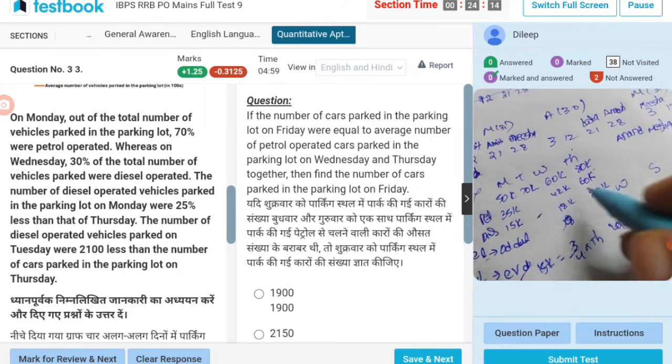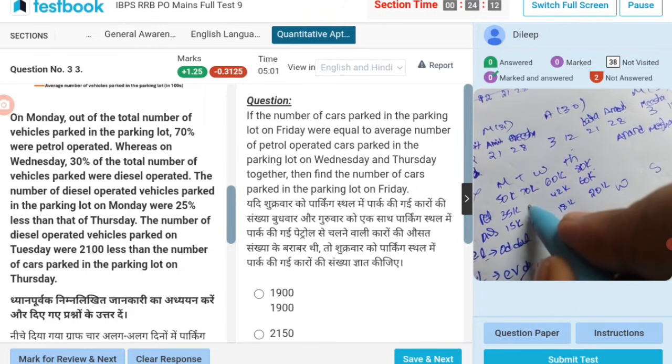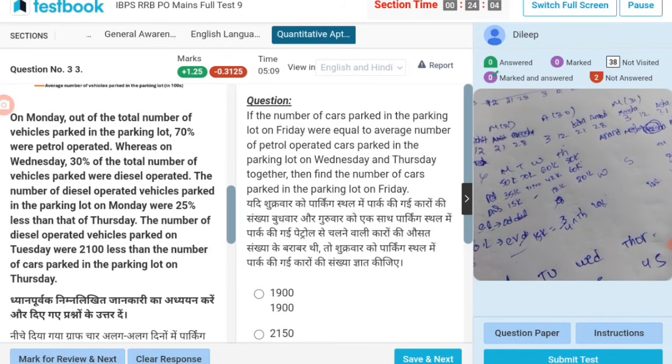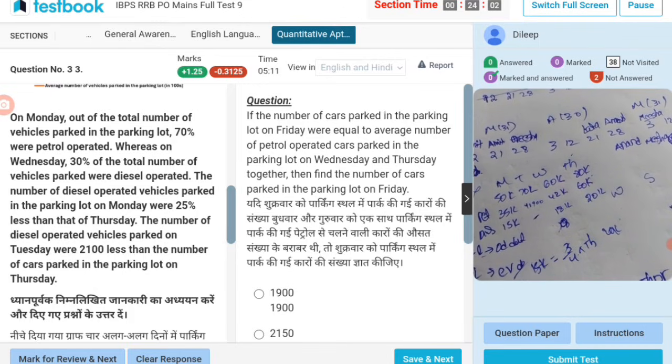So 419. Petrol operated cars parked on Wednesday and Thursday together.